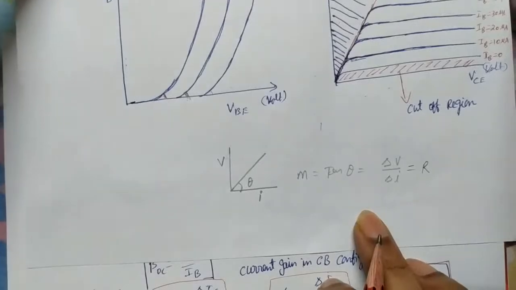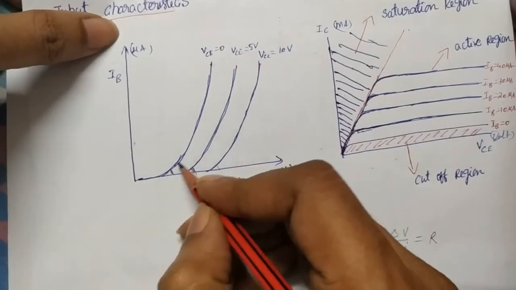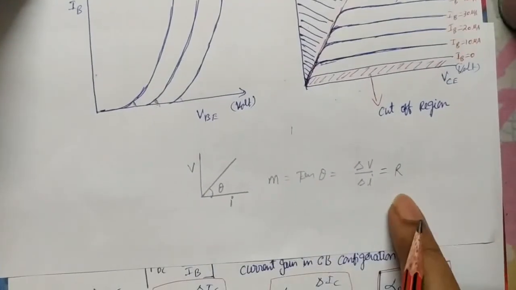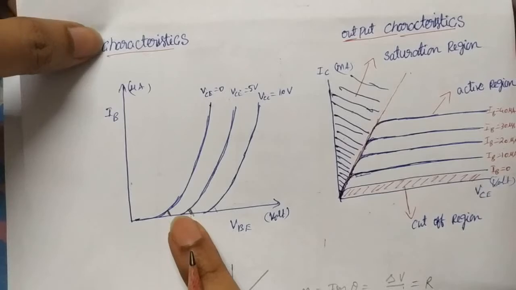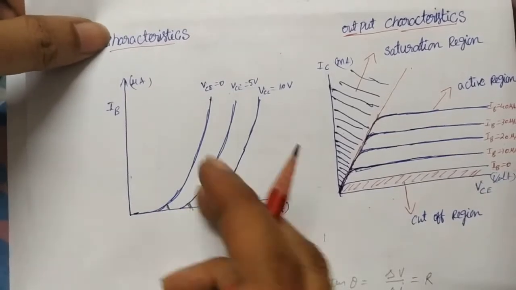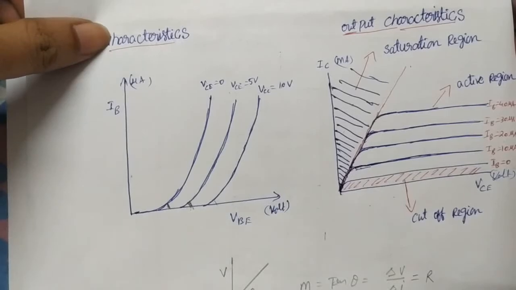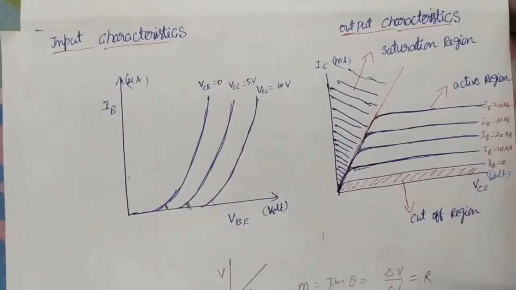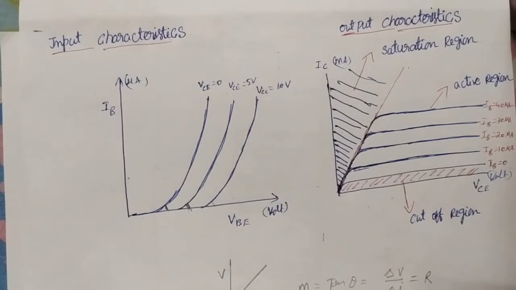That means for this graph, if you draw at any particular point the slope of the line, that slope represents a resistance value. But you see, this is not a straight line. That means continuously the slope is changing. Slope changes means resistance also changes. In semiconductor devices like a diode, the graph is not a straight line.